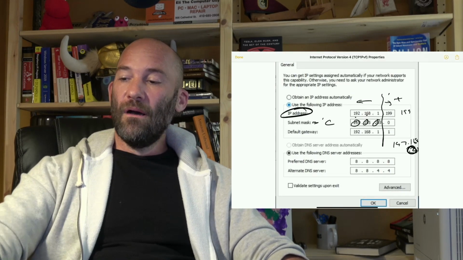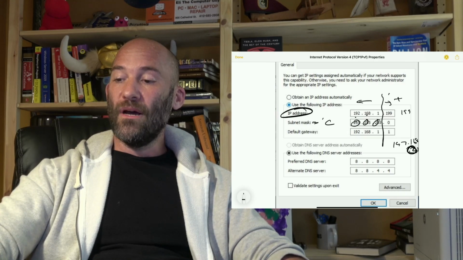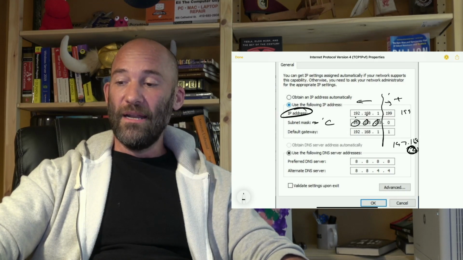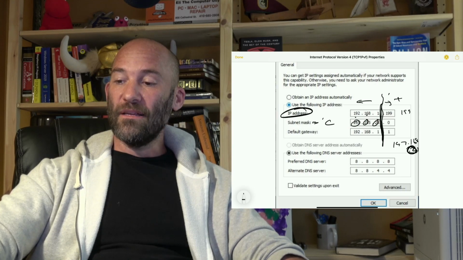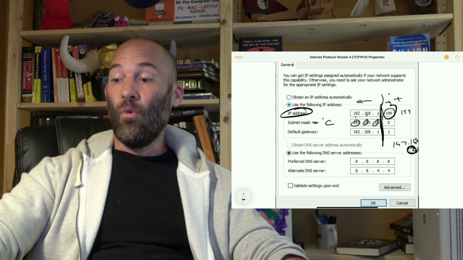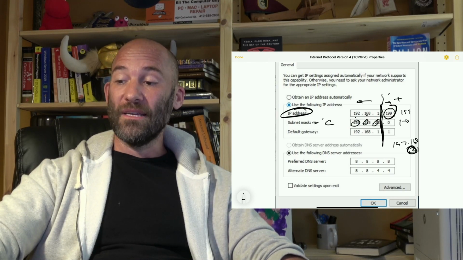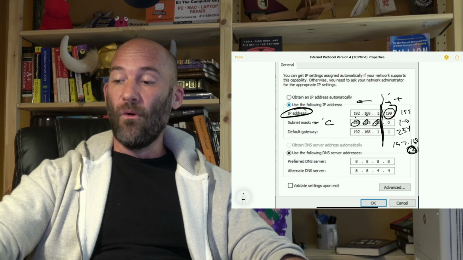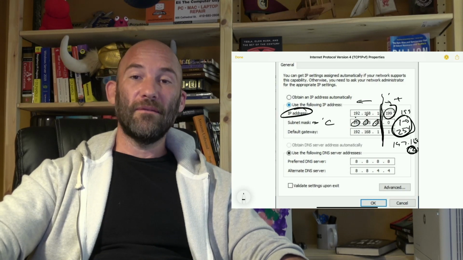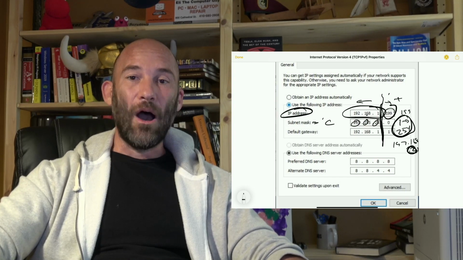So when we're taking a look at this here, 192.168.1.199, basically what we know is 192.168.1.1 all the way up to 192.168.1.254, all of these computers are on the 192.168.1 network.